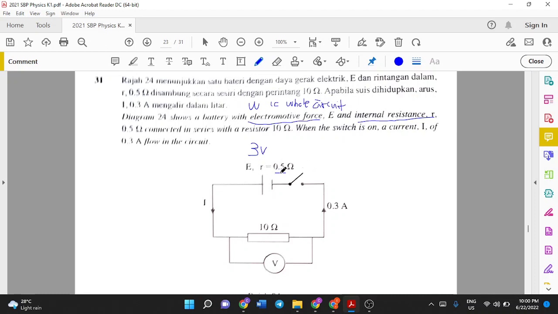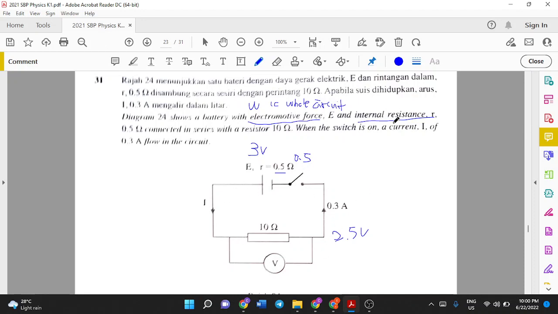The internal resistance will cause the voltage to be lost. All right, the voltage will need to work against the resistance. So for example, we have 0.5 volts of voltage loss due to the internal resistance. So the potential difference will be 2.5 volts. So the voltage in the circuit will be 2.5 volts.